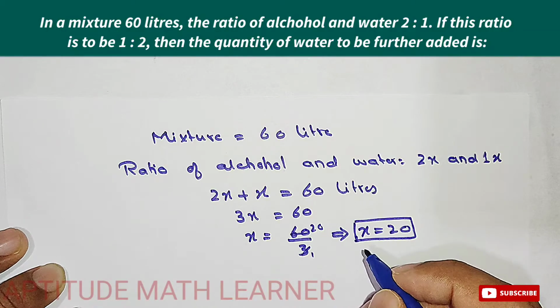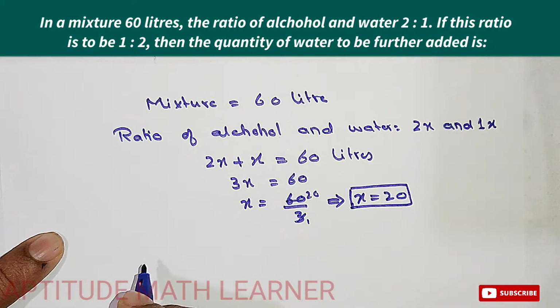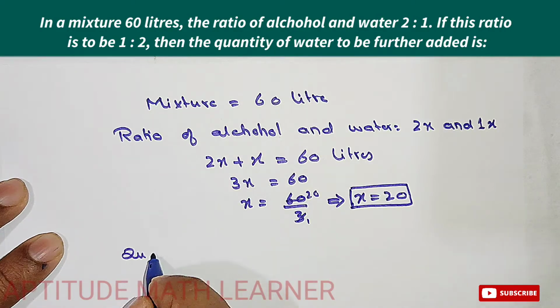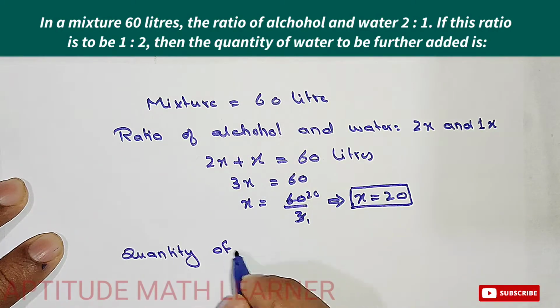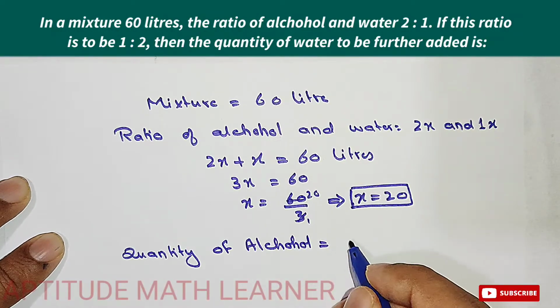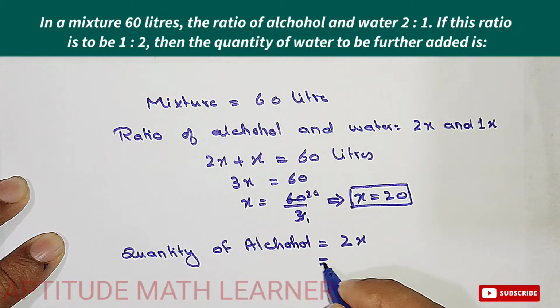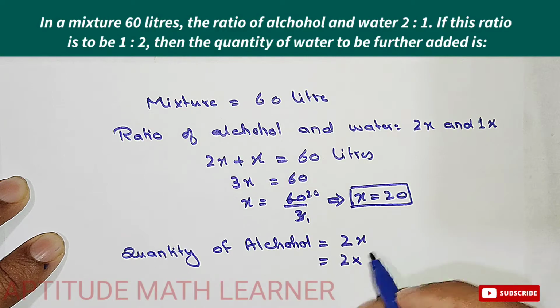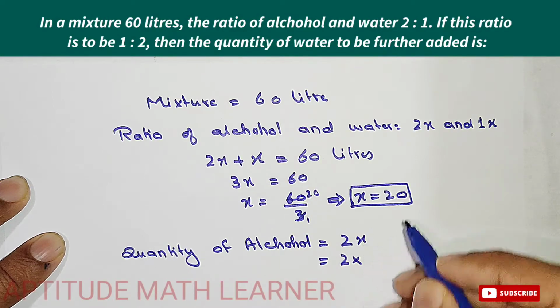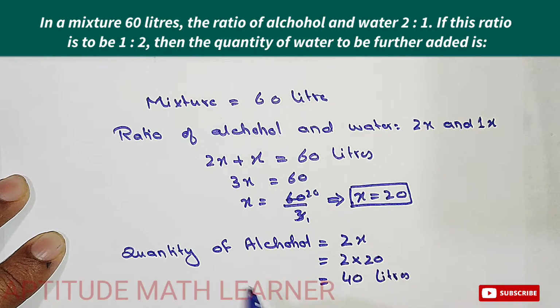Now the quantity of alcohol is in the ratio 2x, that is 2 multiplied by x, and x has the value 20. So here we get 40 liters of alcohol.